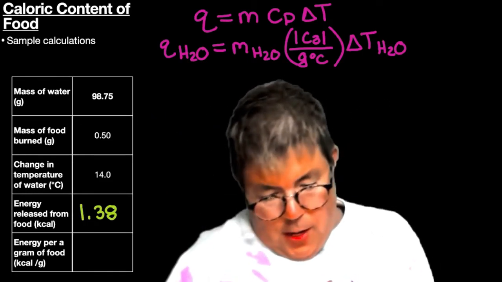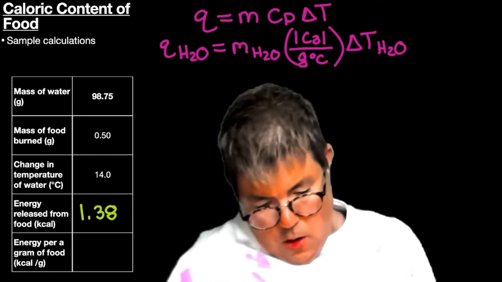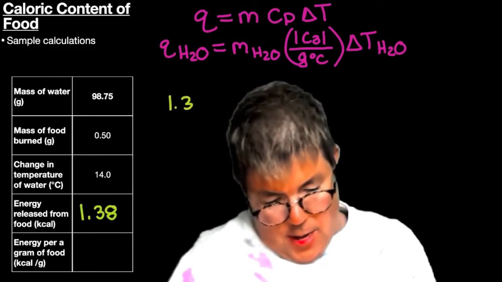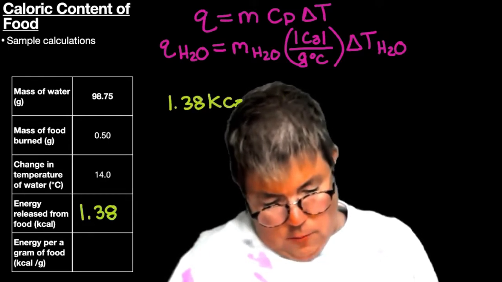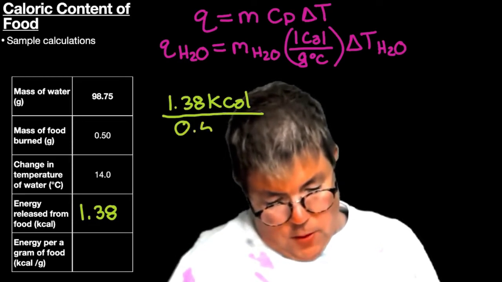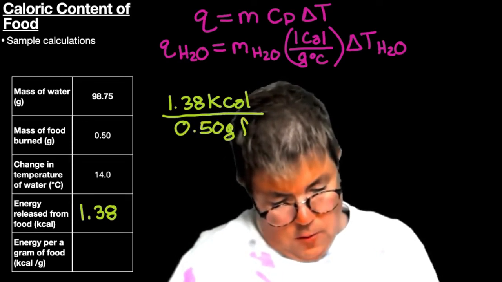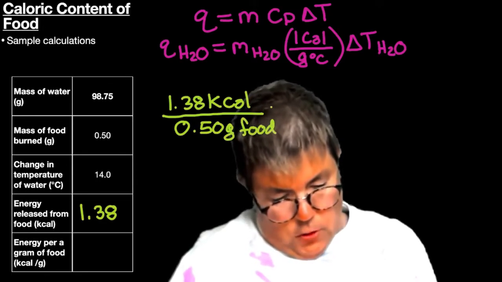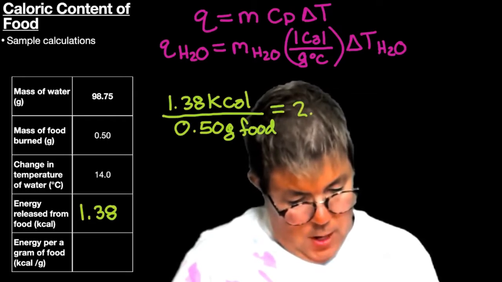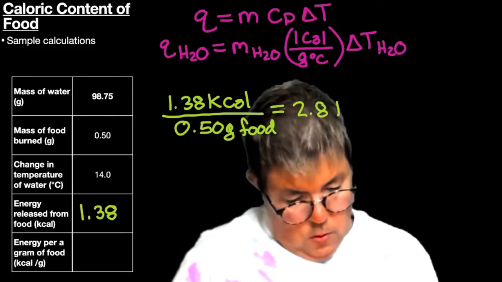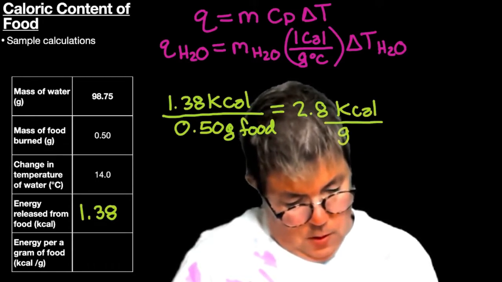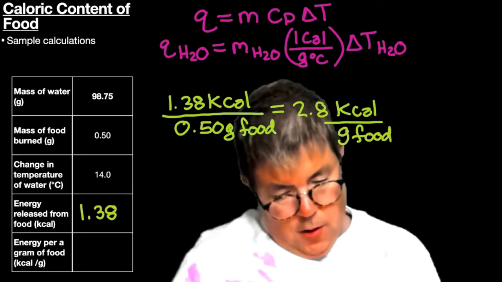So we can take 1.38 kilocalories divided by 0.50 grams of food, which is going to equal 2.8 kilocalories per gram of food.